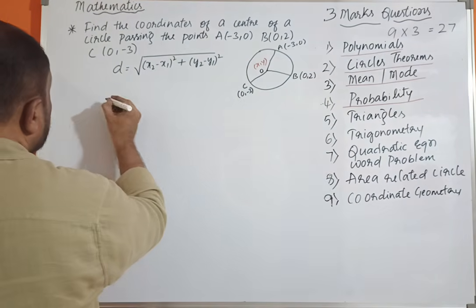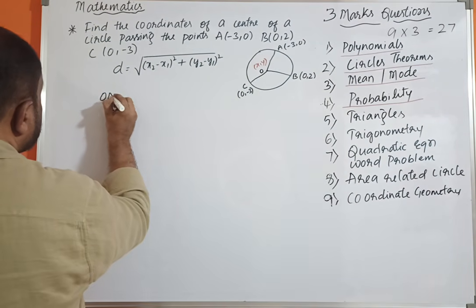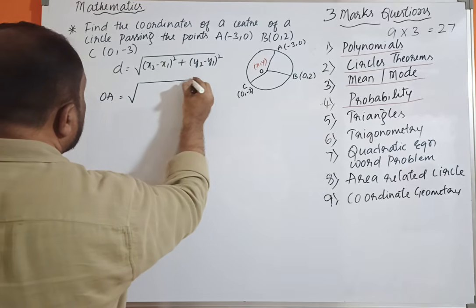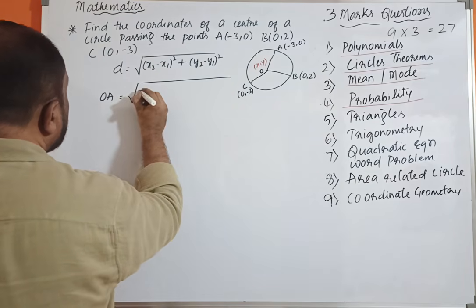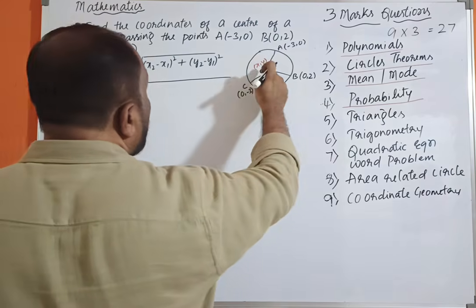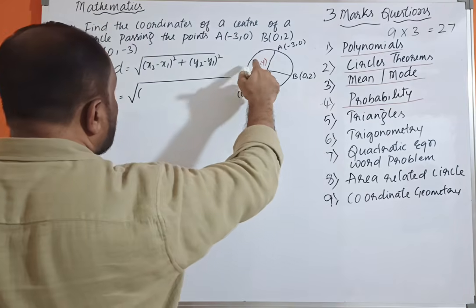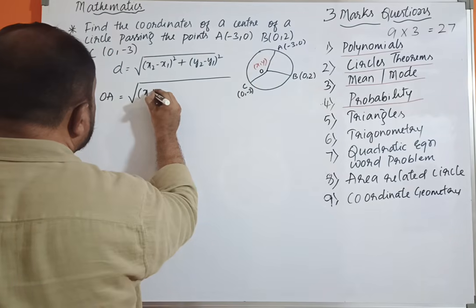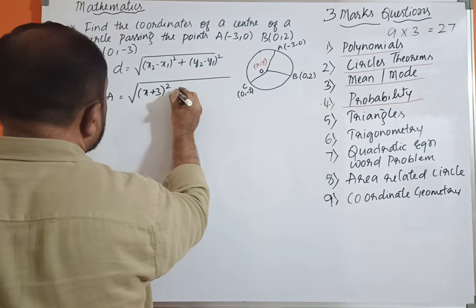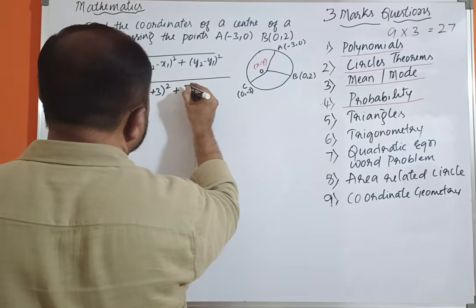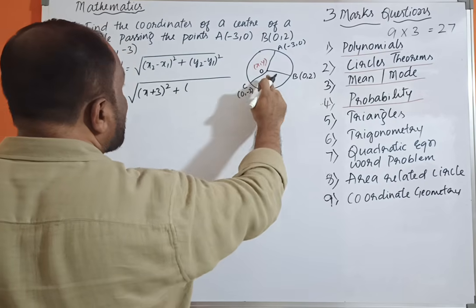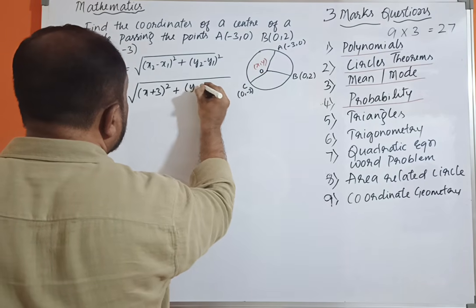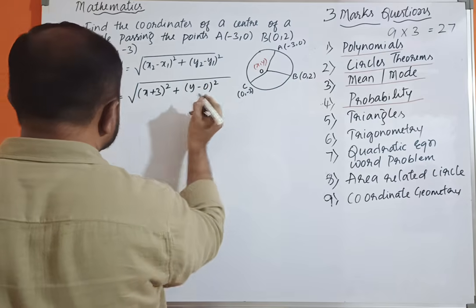So let us find out OA is equal to root of x minus of minus 3 is plus 3 whole square plus y2, what is y2? y minus 0 whole square.